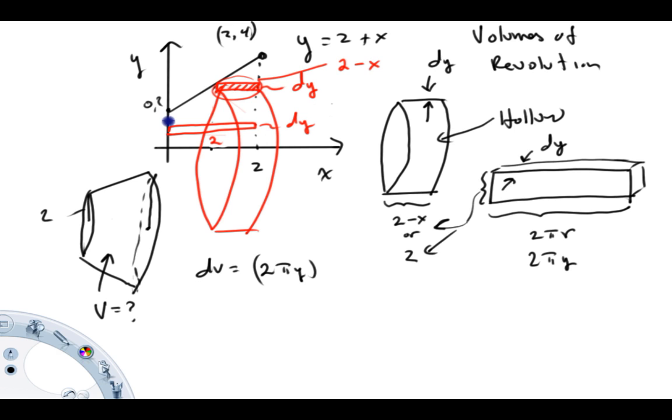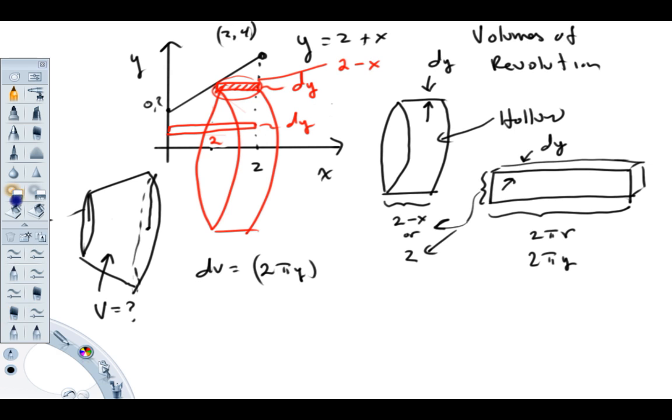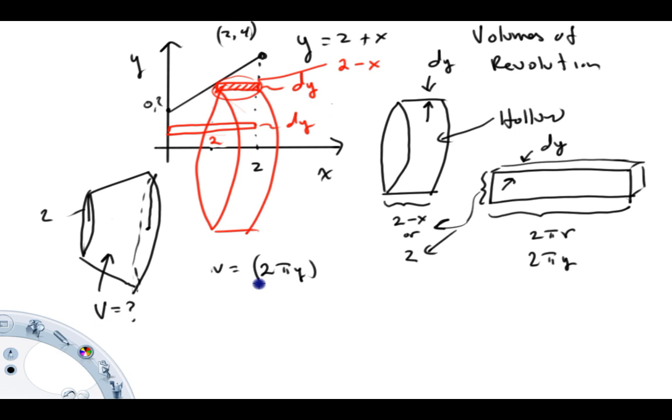So what I'm going to do here is go back and write this in integral form. I'm going to get rid of the dv and write v equals. Okay, so 2 pi y is this dimension times this dimension, and I'm going to do the first rectangle, so that's going to be times 2 times this dimension dy.